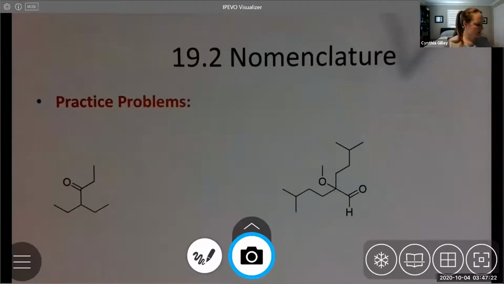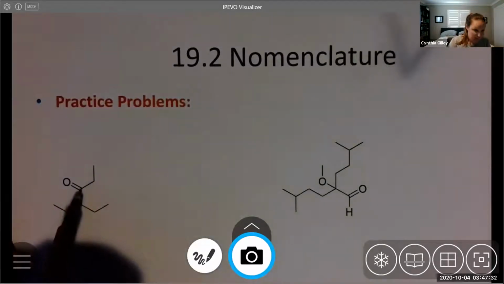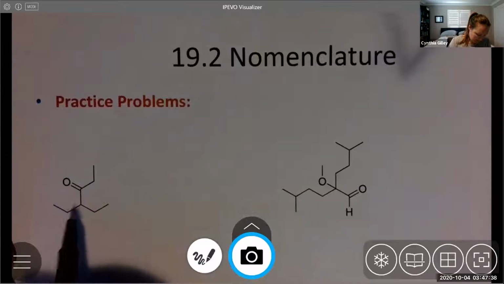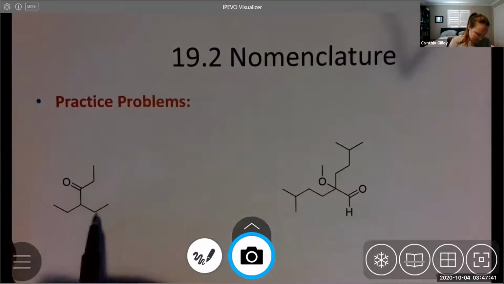Okay, let's go over how to do the nomenclature. This one has a ketone, and we're looking for the longest carbon chain that includes the carbonyl carbon, right? So if I count 1, 2, 3, 4, 5, 6, 1, 2, 3, 4, 5, 6, it's the same either way, right?